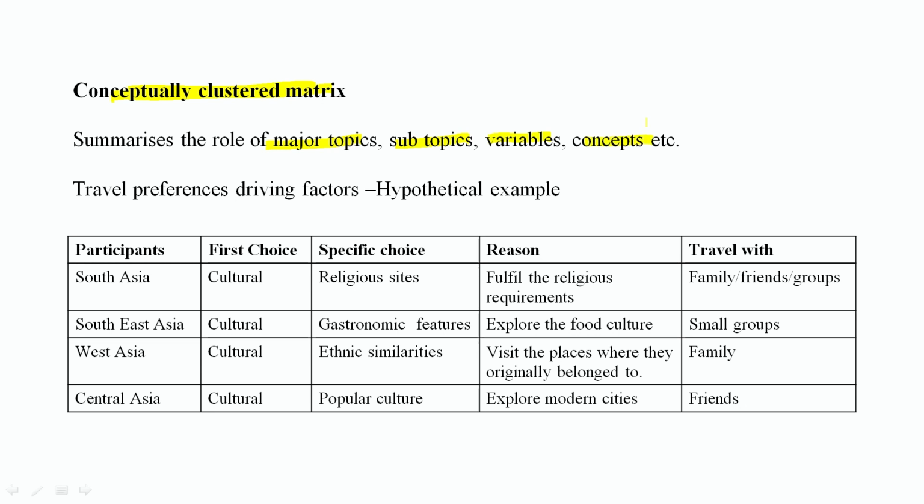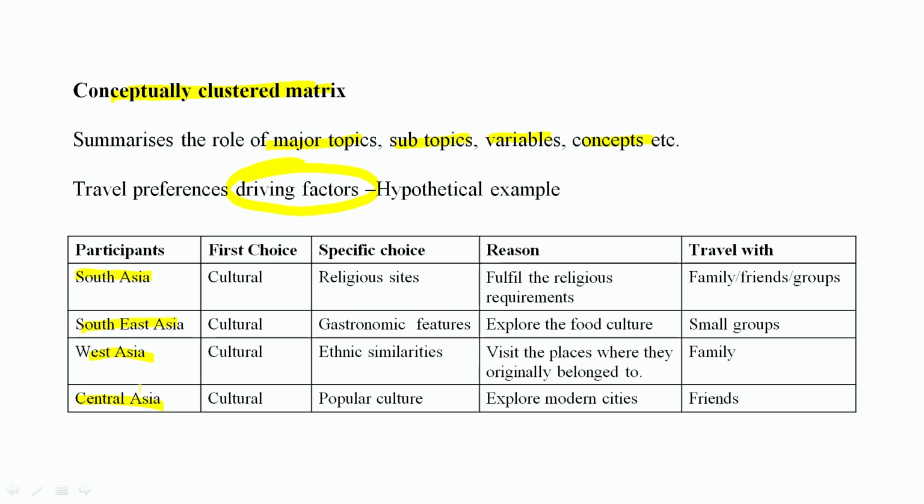I am giving you here a hypothetical example of the travel preferences of people from different countries. I made it into regions that you can see on the left, that is South Asia, Southeast Asia, West Asia or Central Asia.